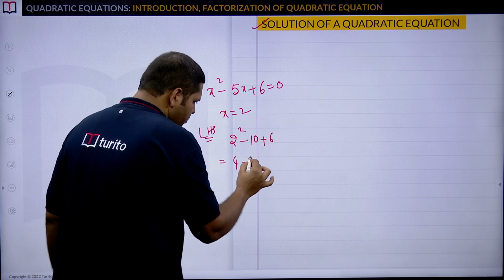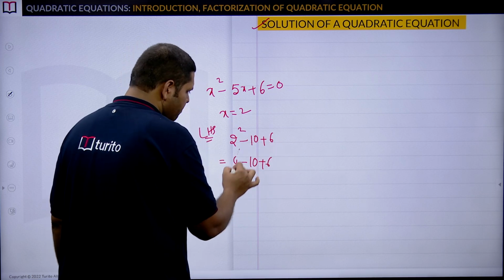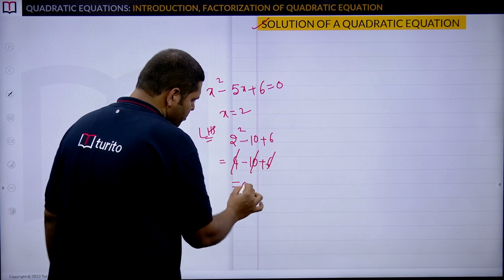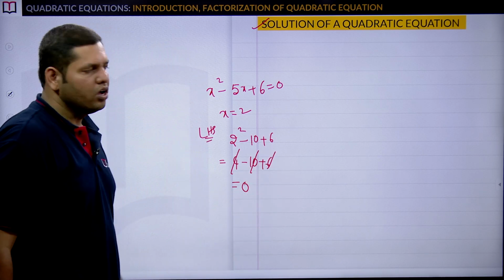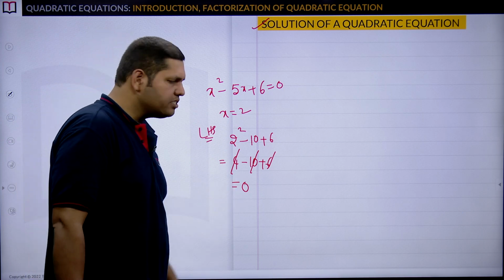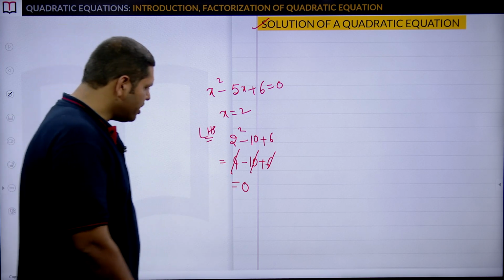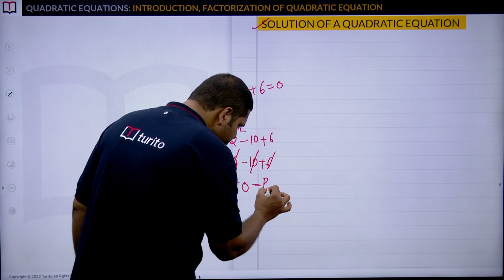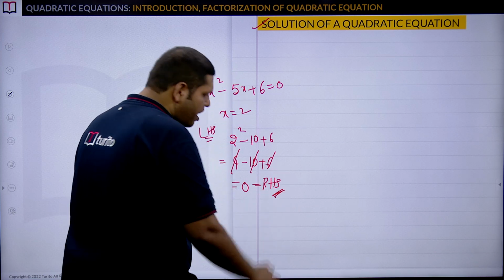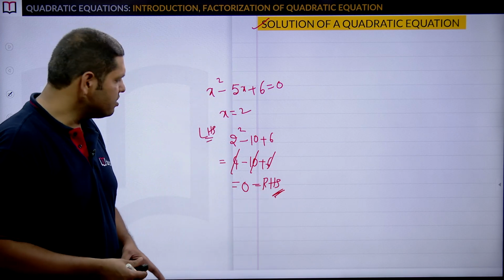So 2 square is 4 and minus 10 plus 6, everything cancels. So the answer is 0. So at x equal to 2, I got the LHS equal to 0. So can I say this is equal to the RHS here? Yes, it is the RHS also. Therefore, this x is equal to 2.